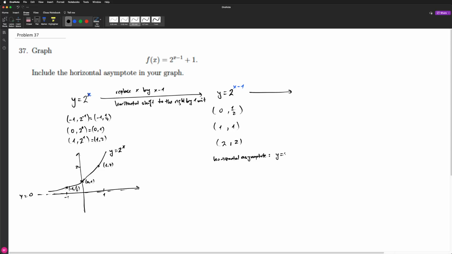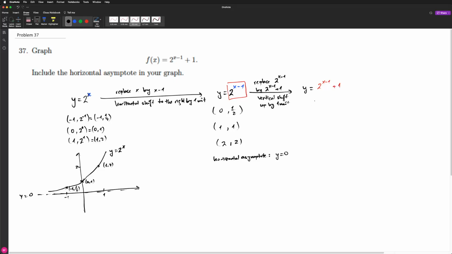It's a horizontal line. And then what we're going to do is replace the whole thing, 2 to the x minus 1, by 2 to the x minus 1 plus 1, which will result in a vertical shift up by 1 unit. So y equals, wherever I see 2 to the x minus 1, I'm going to write 2 to the x minus 1 plus 1.